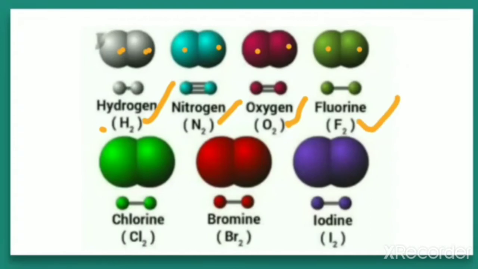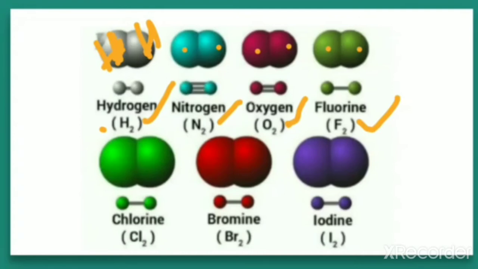So in all these examples, what it is clear that the two atoms of the same element, you can find here same element. Why I am saying same element? Like the case of hydrogen, this is also H, this is also H. That means two H is combining. Two hydrogen atom, that is atoms of same element are combining, and two atoms are combining.